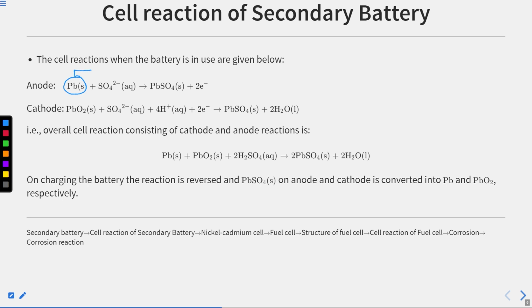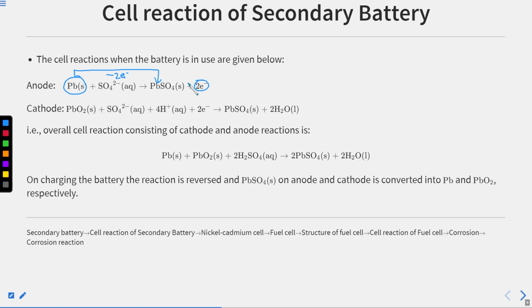If you move from here to here, you can see that there is a loss of 2 electrons. So these 2 electrons are reflected here. So lead is acting as an anode and it is losing 2 electrons to become positively charged, that is, to be oxidized.